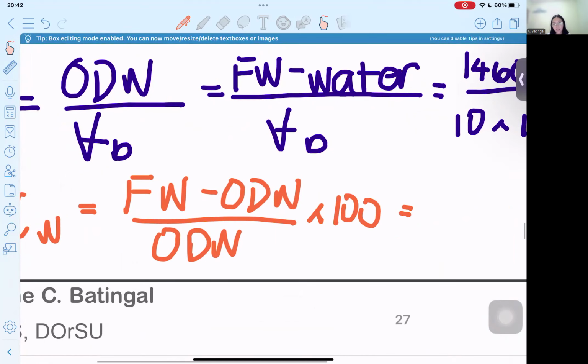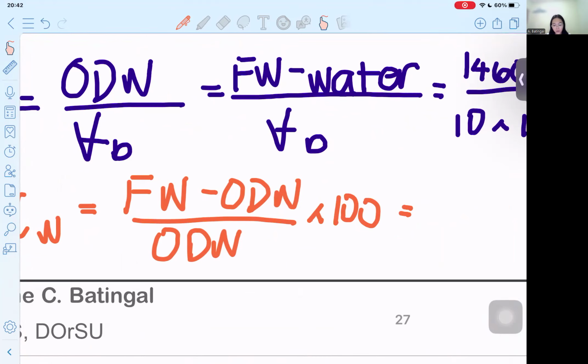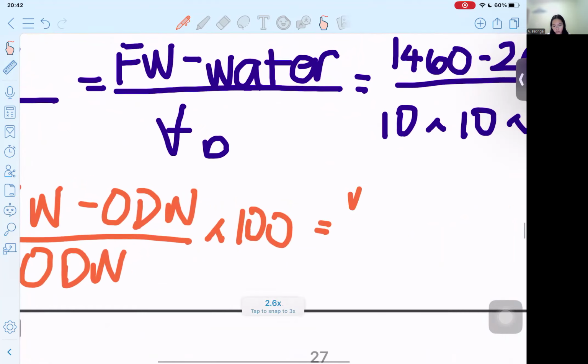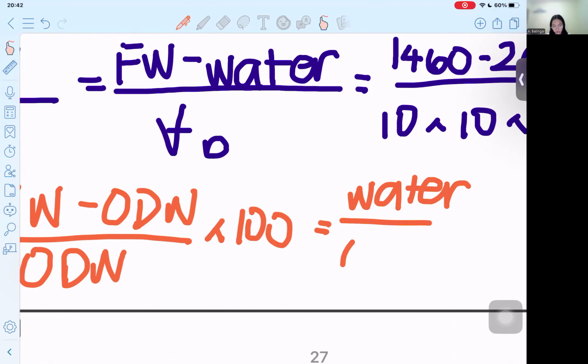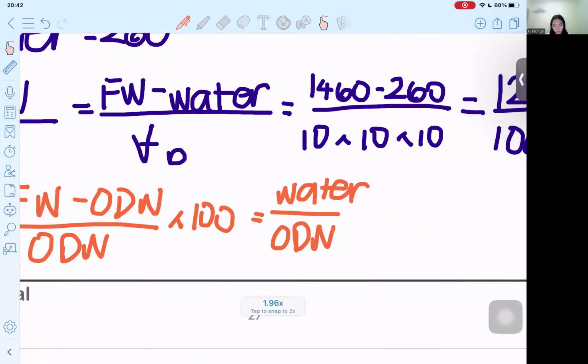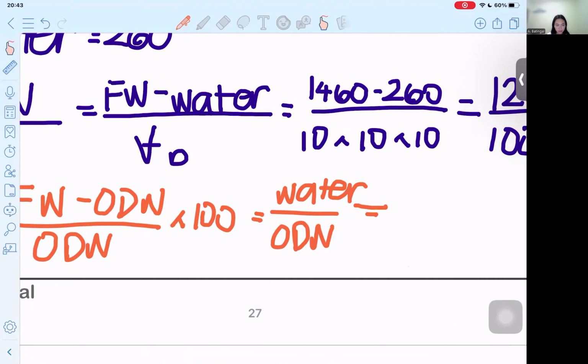So, ang fresh weight or ang pagbukaton sa imong soil, kuhaan nimo oven dry weight or soil lang, is equal to just your water, amount of water divided by the oven dry weight. Paliton naman ta sa amount of water times 100.